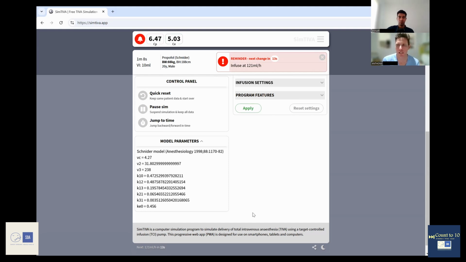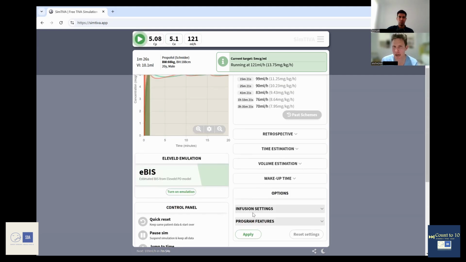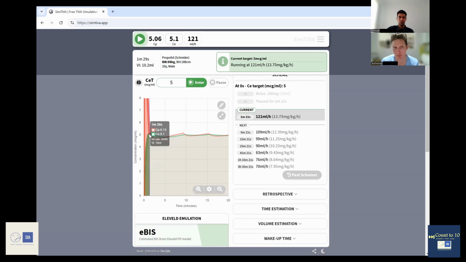So what's actually happening is you're targeting not the initial plasma concentration, you're targeting what you want the plasma concentration to be at the time to peak effect, right? Targeting an effect site peak of 5 is the same as saying, when the peak effect is happening, I want the plasma concentration to be 5.